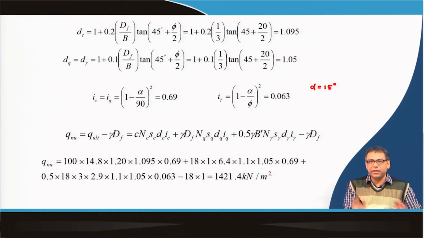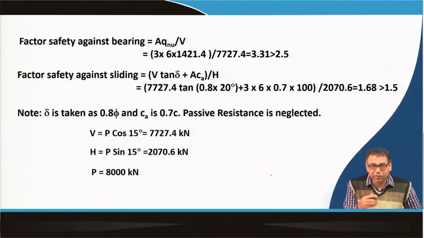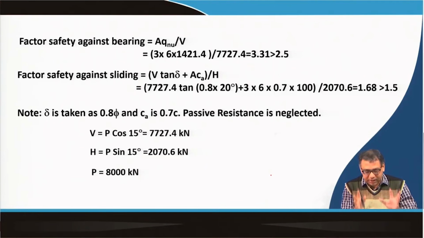So, the net ultimate bearing capacity is 1421.4 kilonewton per meter square. Now we have to calculate the factor of safety. As I mentioned, against the vertical component we have to check the factor of safety against bearing, and against the horizontal component we have to check the factor of safety against sliding.